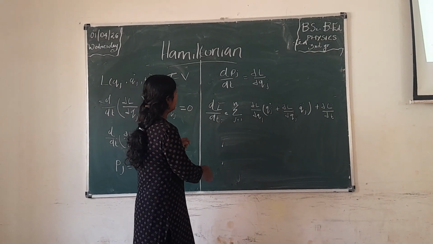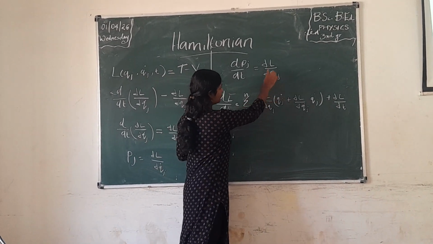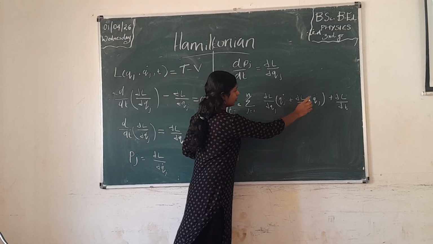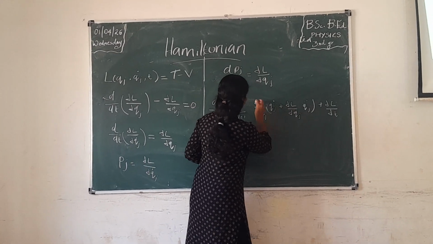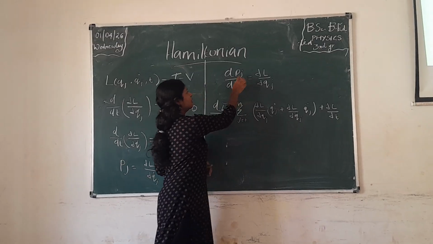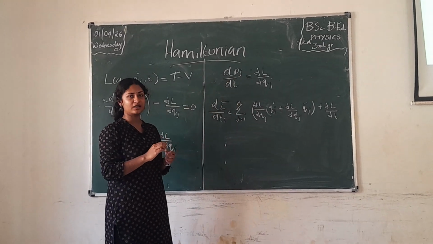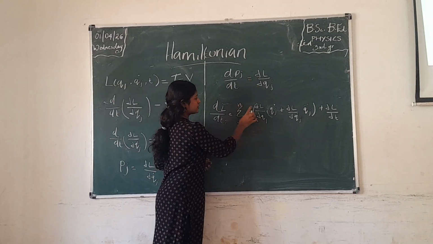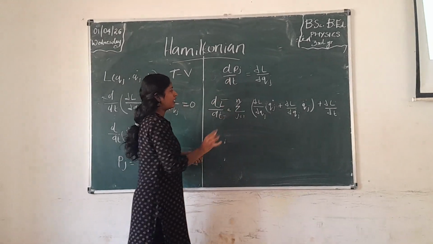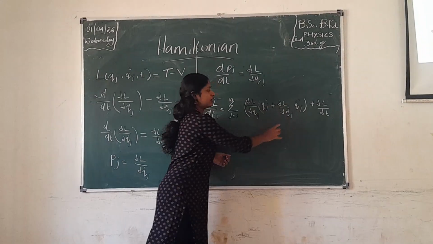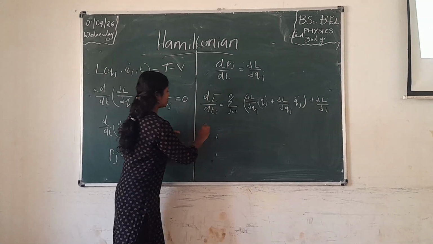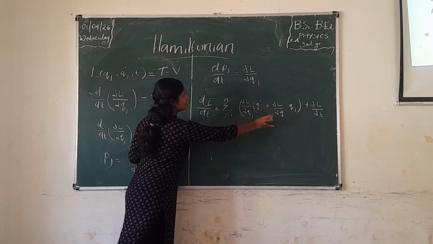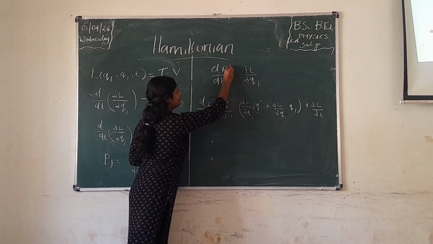We have dou L by dou qj dot equal to Pj, and dou L by dou qj equal to dPj by dt. So we can substitute these values.